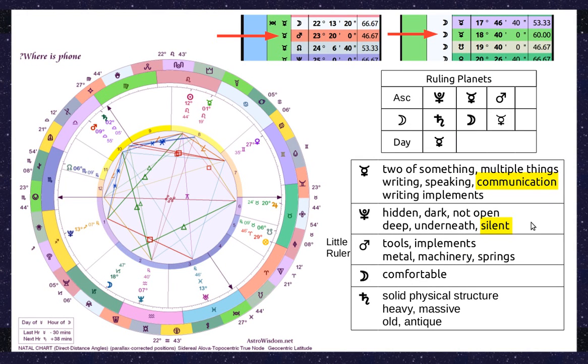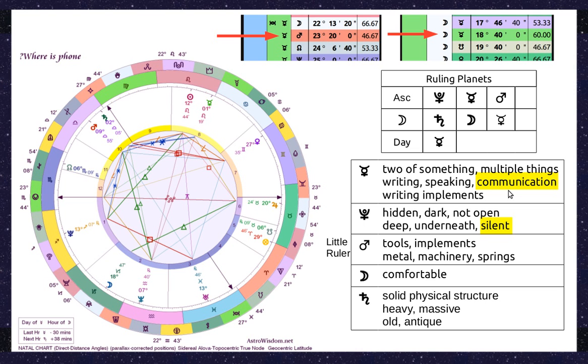All right, so I've listed some things here that are associated with each of the ruling planets. The first thing, in fact, I said to her is that it's some place where there's 2 of something. Mercury is associated with duality, with anytime there's 2 of something, or sometimes where there are more than 2 of something.